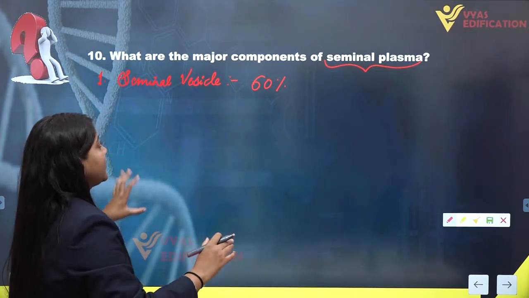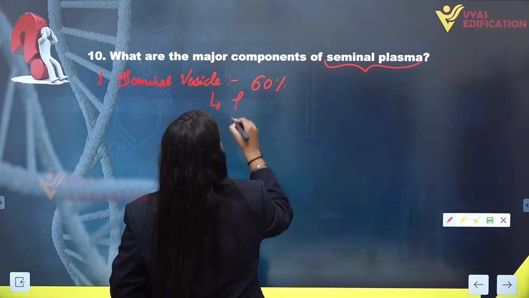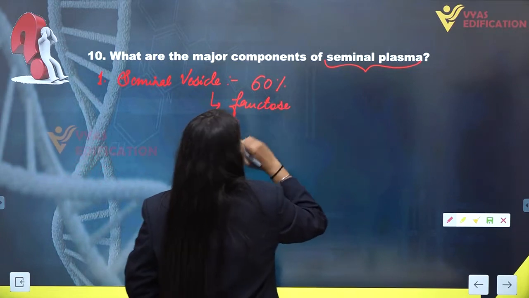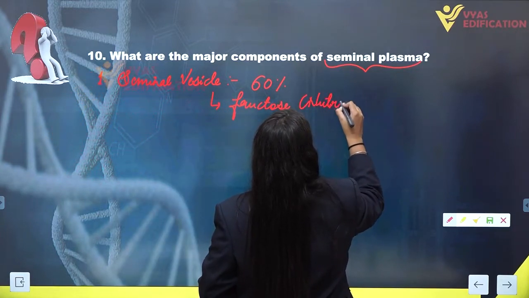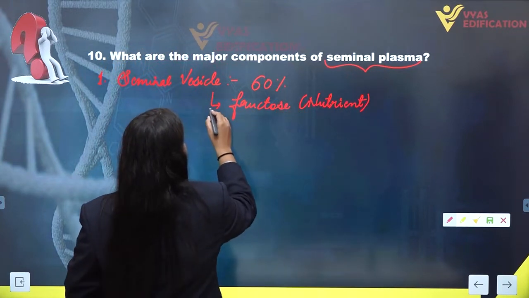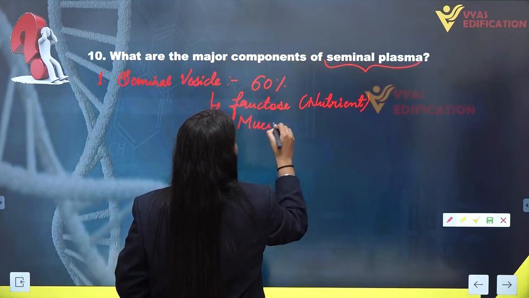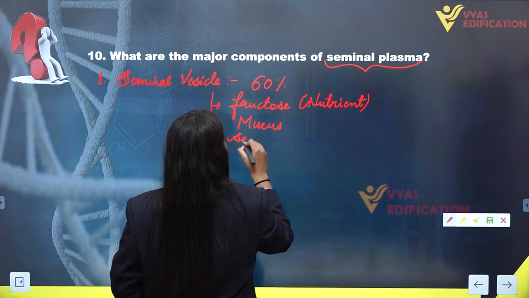This seminal vesicle is providing us with the fructose, which is of course a nutrient. Then we have mucus. Then we have some enzymes.